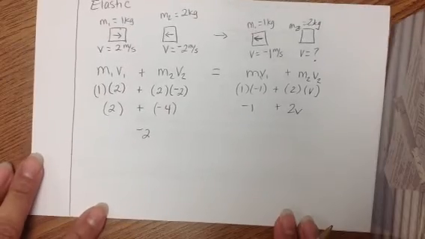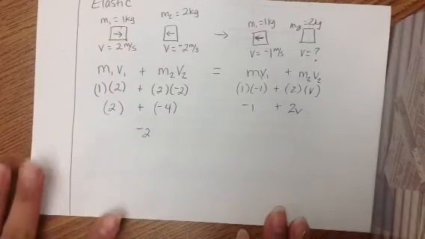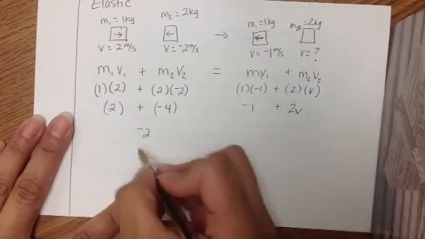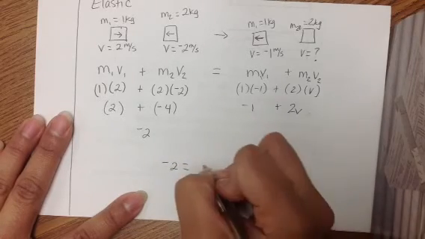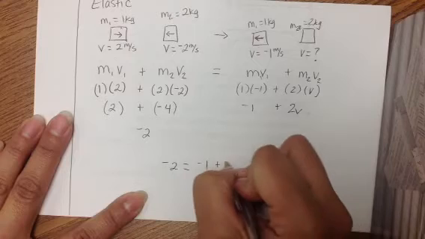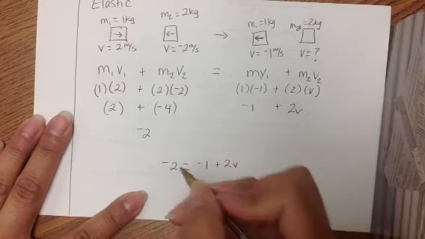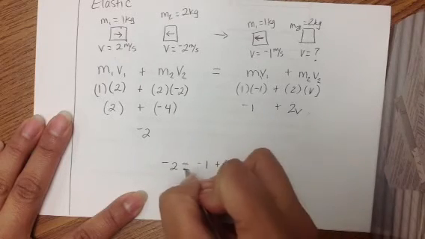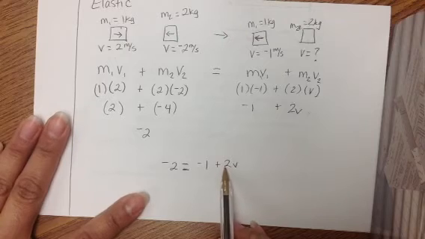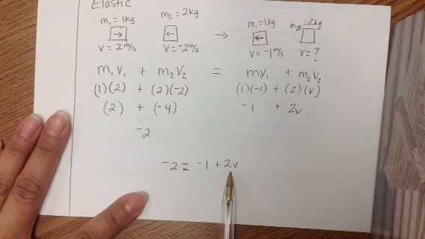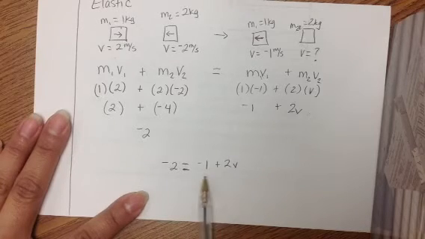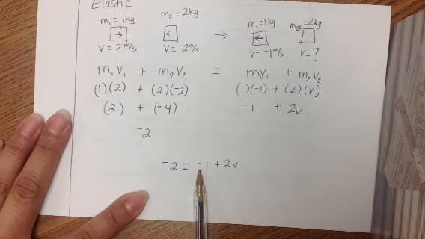So what we need to understand is that these two sides are supposed to be equal. So I'm going to take the negative 2 that I found on the left side, and I'm going to set that equal to the negative 1 plus 2v that I found on the right. In order to solve for v, remember that these two things are connected because they're being multiplied, so we have to follow our order of operations. We cannot separate these first. So the first thing I want to do is get rid of that negative 1.